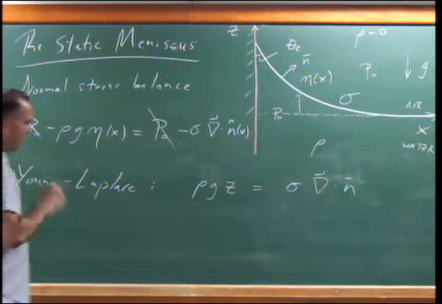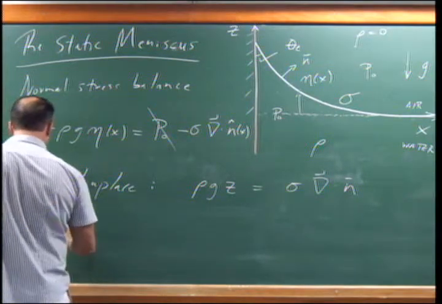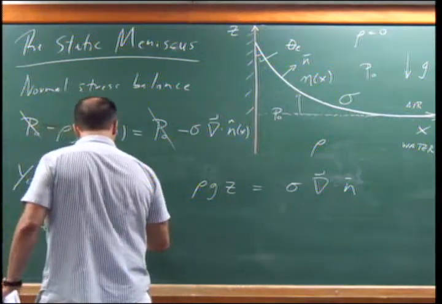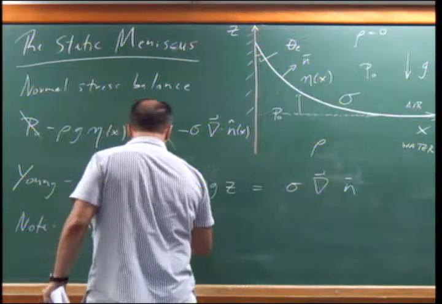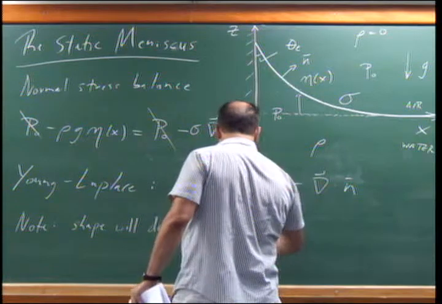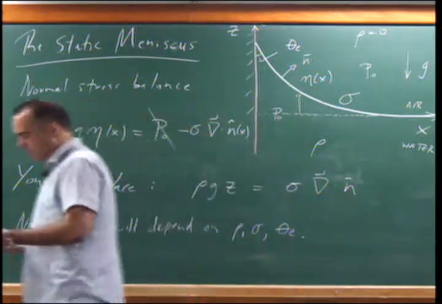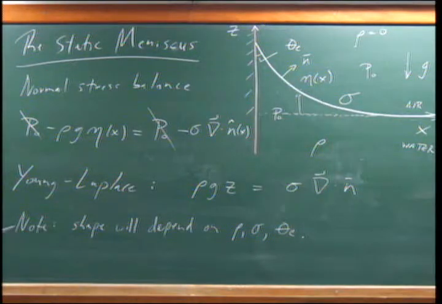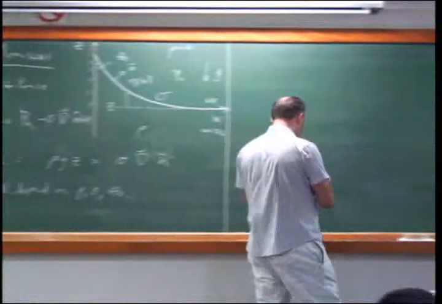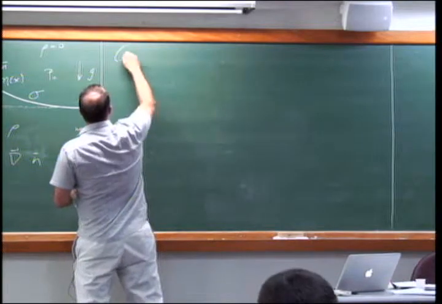But notice that the shape is generally going to depend on the density, the surface tension, and the equilibrium contact angle. Okay, so let's compute the normal.